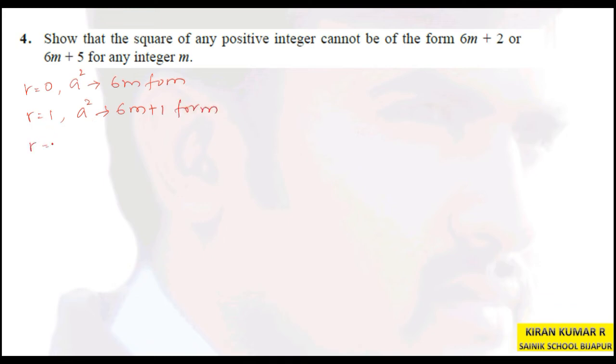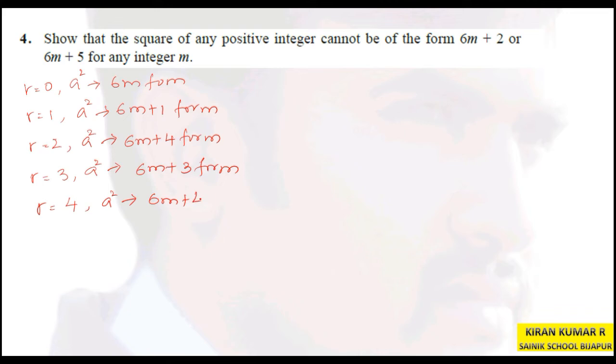When r value is 2, then the square of the number will be of the form 6m plus 4. If the value of r is 3, then the square is of the form 6m plus 3. If the value of r is 4, square of the number is of the form 6m plus 4.